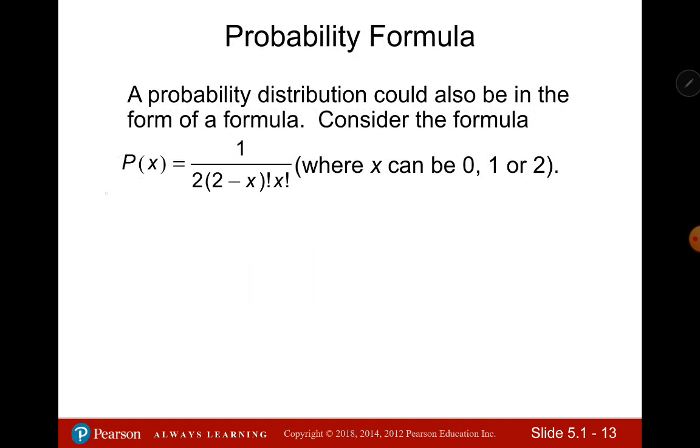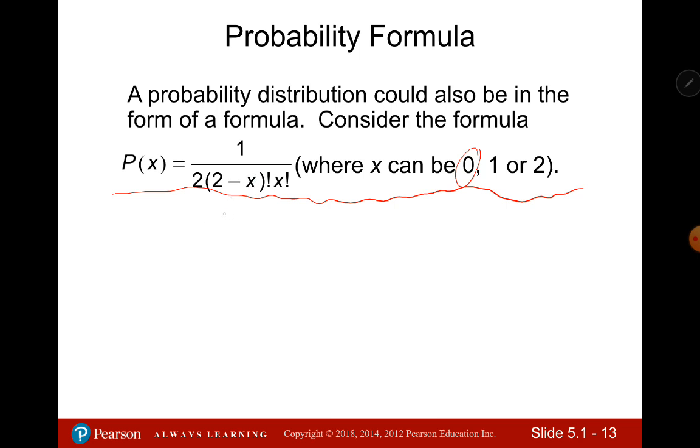Of course, we can also use a formula to find the probability for each value. For example, if we want to know the probability for 0 heads, which means 2 tails, we can just use 0 to replace x.